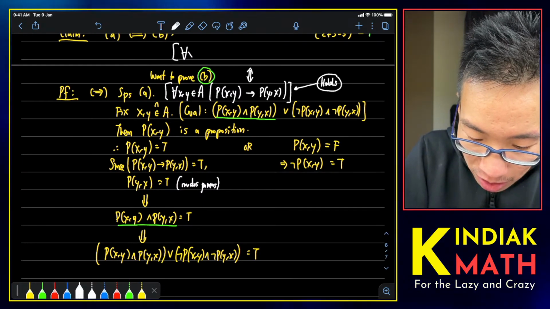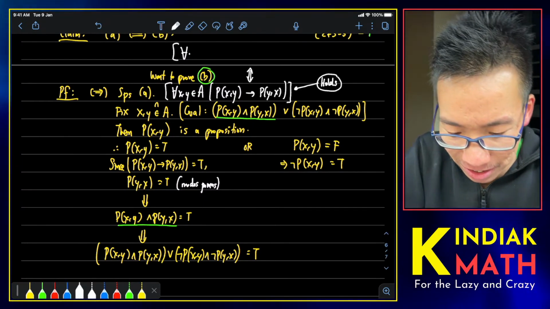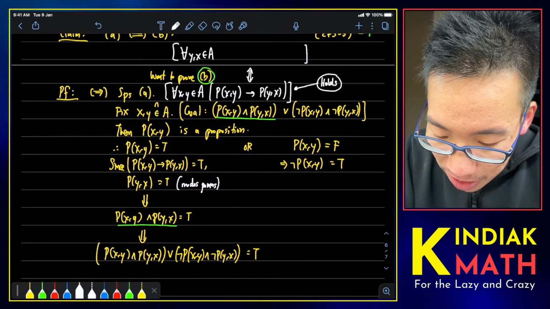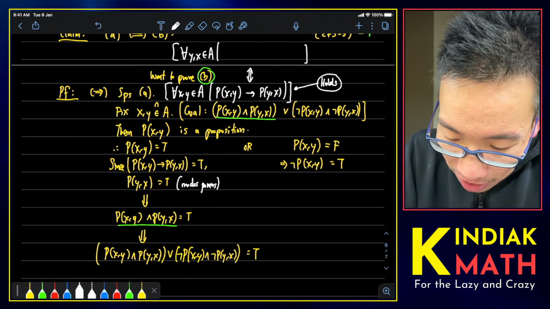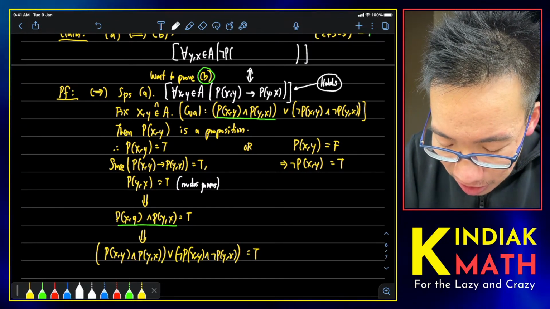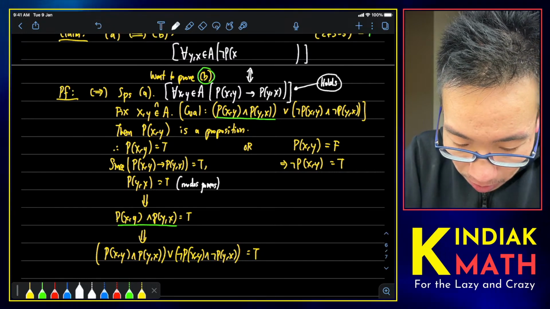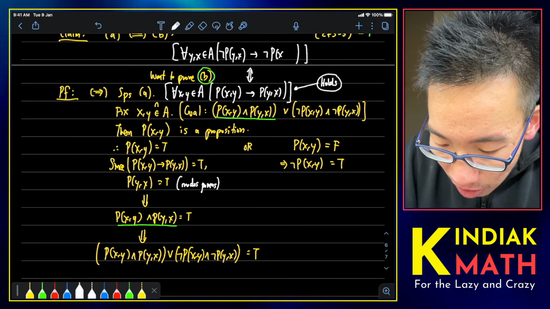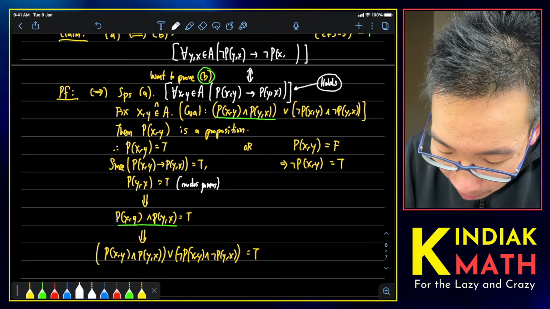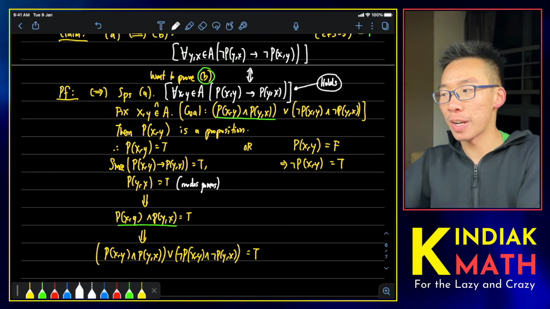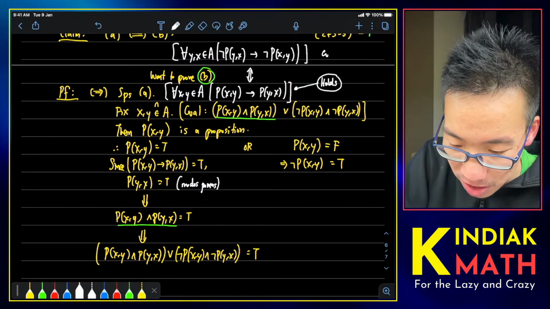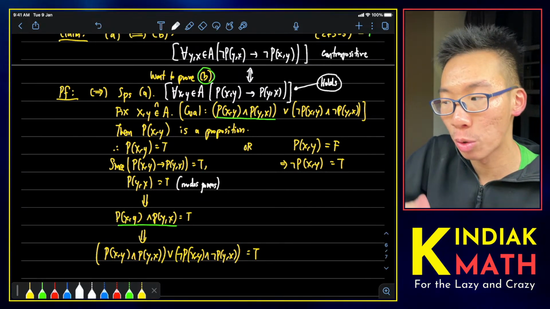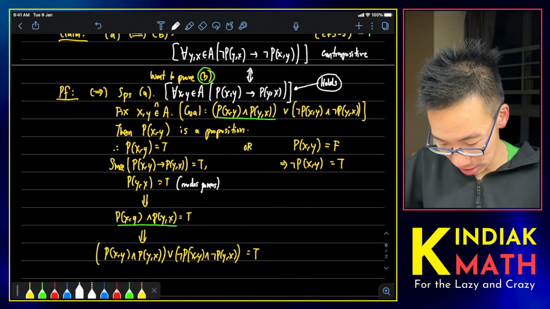And I'm even going to do a little bit of sleight of hand here. This would be the negation of Q implies the negation of P. This is the contrapositive, which is equivalent to the original proposition.